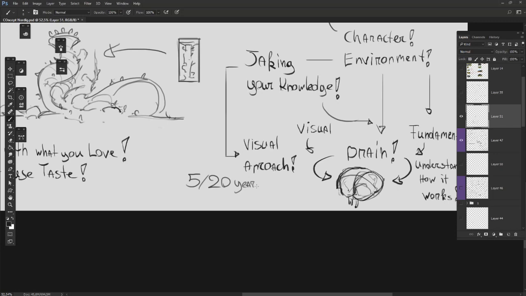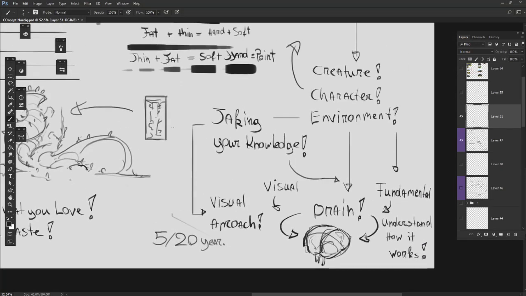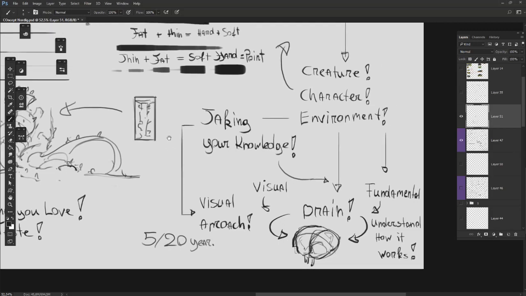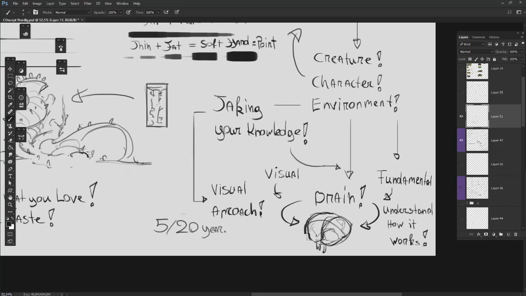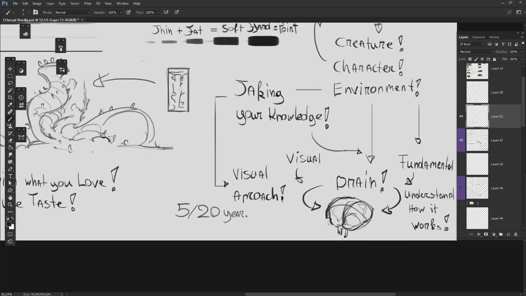yes, you come back to the theme, and let me say the theme is Egyptian gods or Egyptian itself. You drew it between 5 and 20 years ago.